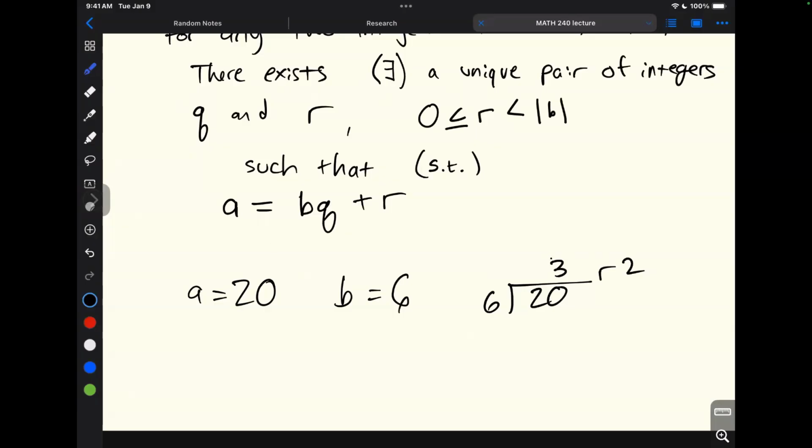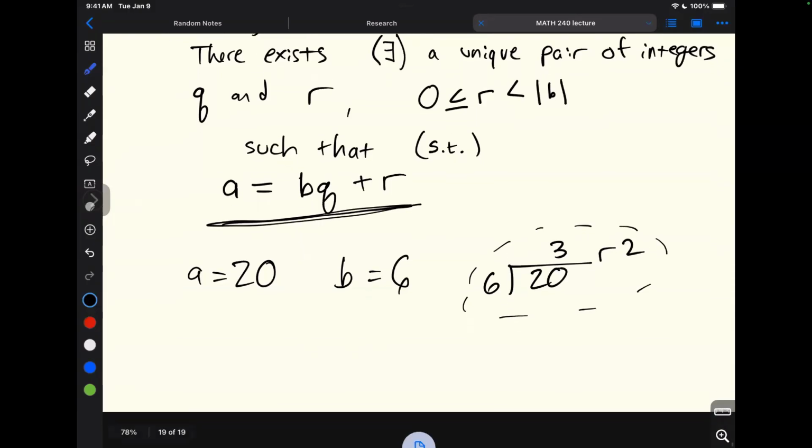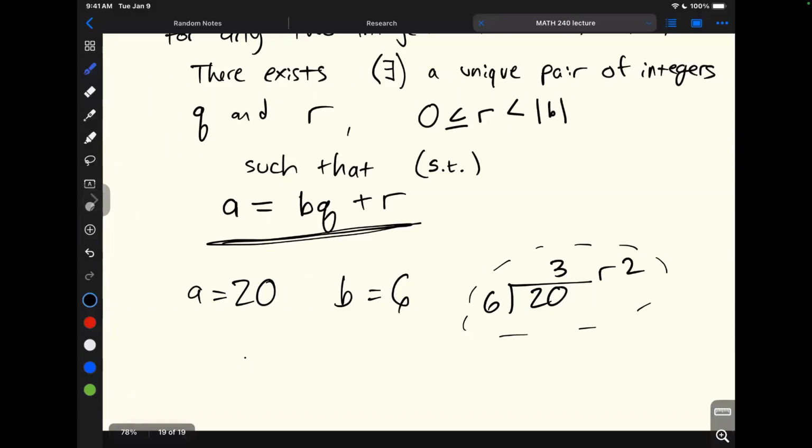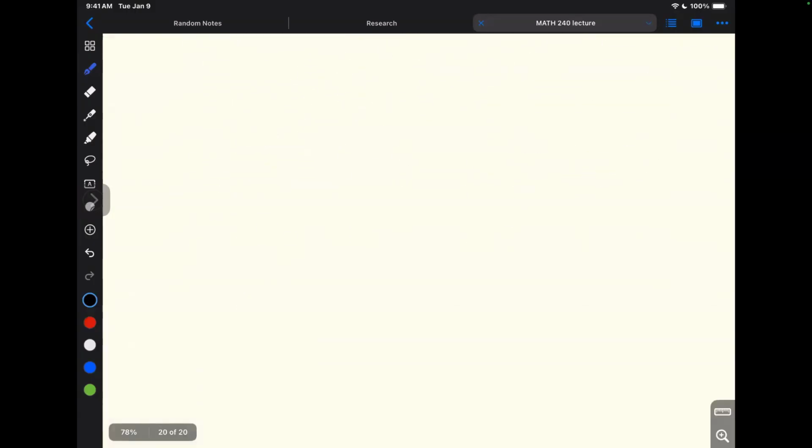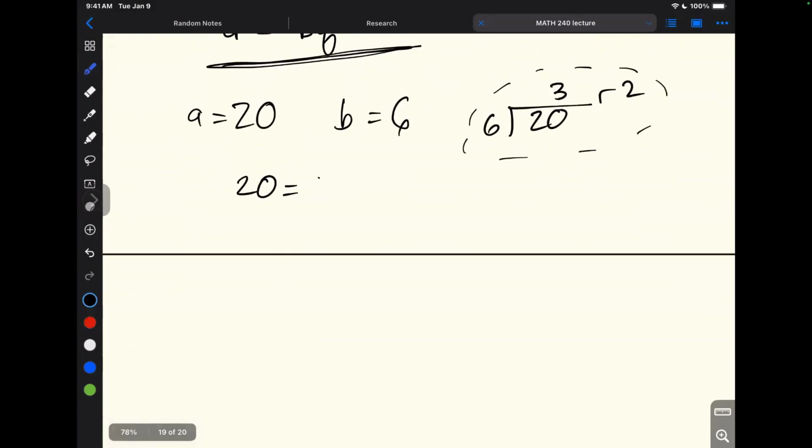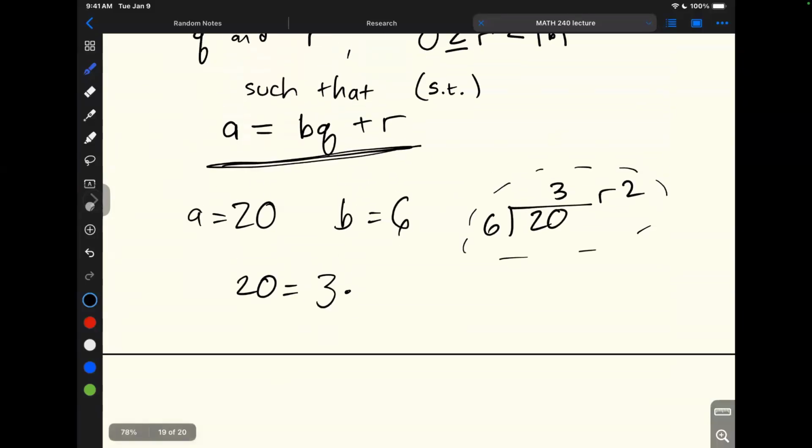And this is what we are doing here. We write this in a way that satisfies this equation in our theorem, which is just 20 is equal to 3 times, or that's why they wrote it the other way, 3 times 6 plus 2. 3 times 6 is 18, add 2, we get 20.